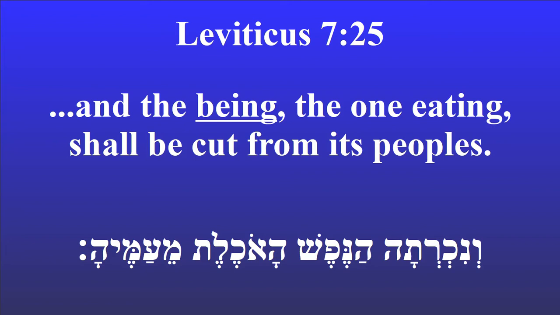So in this case, the one eating the fat from animals which are sacrificed, or of the type of animals which are sacrificed, is cut off. And this is a frequent wording that we see in the text. That being shall be cut from its people. That is one of the most common phrases where nephesh appears in the Torah, in the commands.